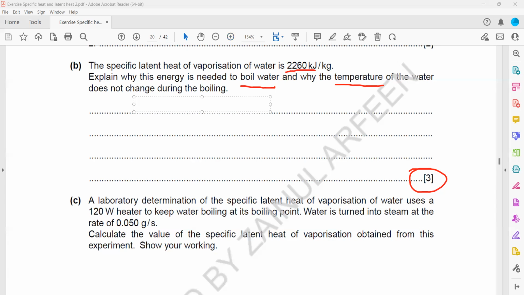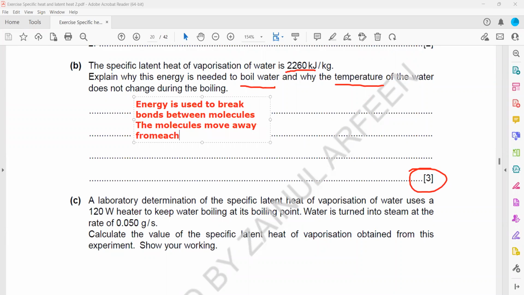So the answer here: energy is used to break the bonds between the particles or molecules. The particles move away from each other without changing the kinetic energy.